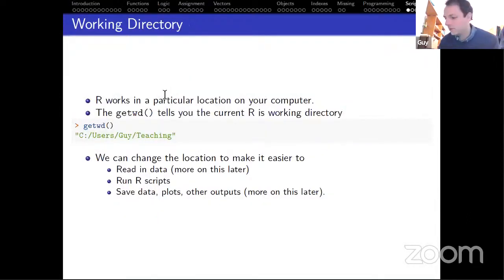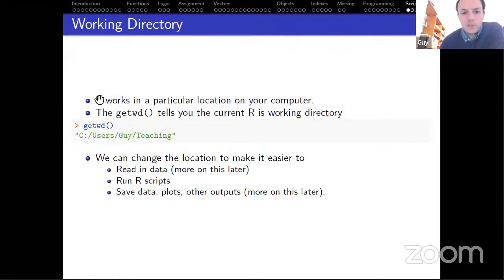Okay, so just a little bit towards the end. It's a bit separate from what we talked about, but it's the idea of setting up R so that you can import data or save data or a plot. R works in a particular location on your computer, right? When you load up R, usually if you're using Windows, it will be in like My Documents.